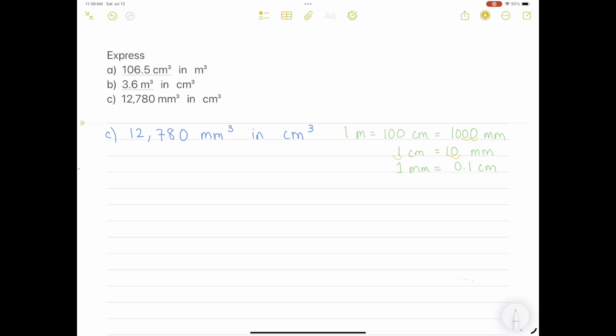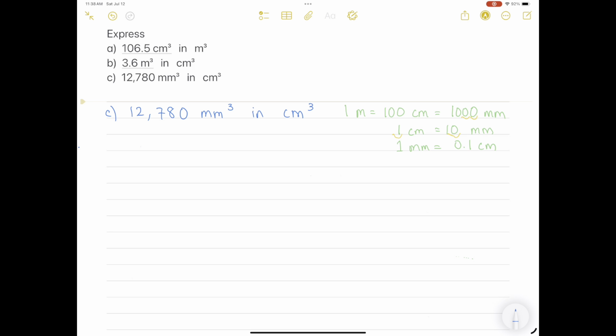Since this problem starts with cubic millimeters and ends in cubic centimeters, we begin by putting the initial unit, cubic millimeters, in its singular form, that is 1 millimeter relative to centimeter, the ending unit. 1 millimeter equals 1/10 centimeter. Now we're ready to break down 12,780 cubic millimeters into individual units.